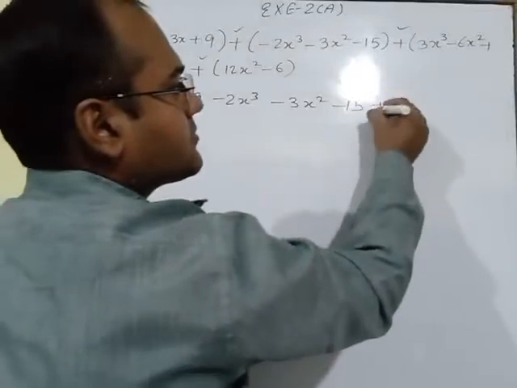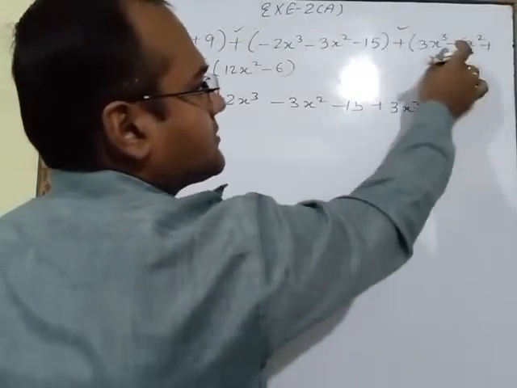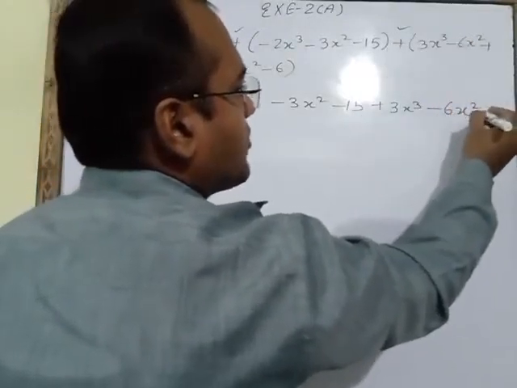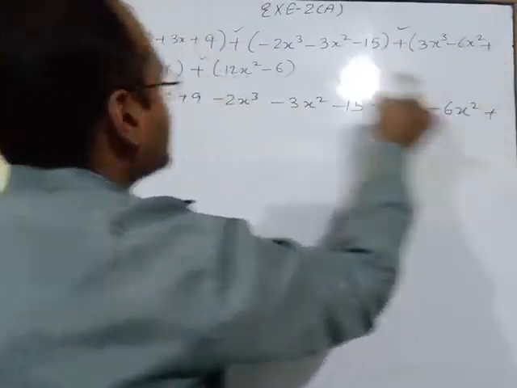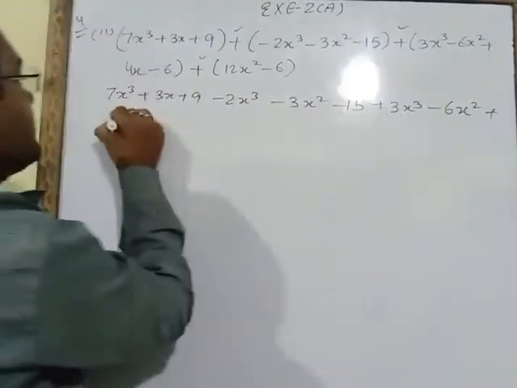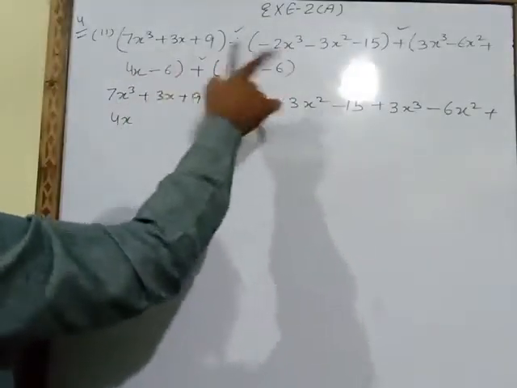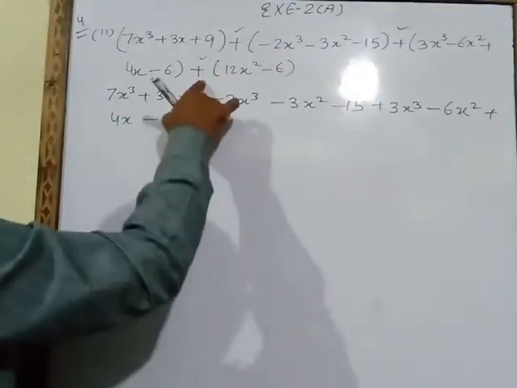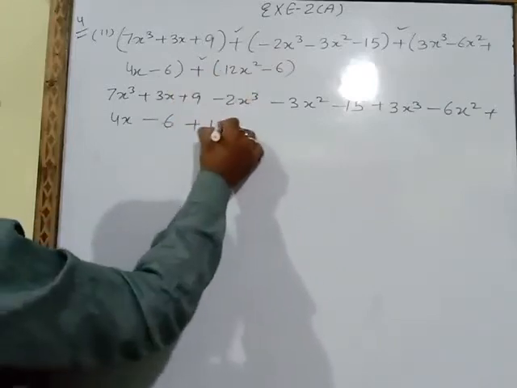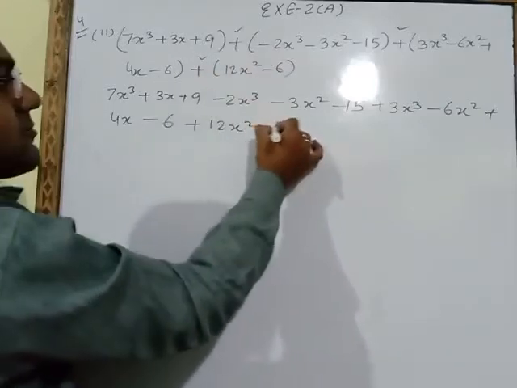Plus 3x cube plus minus minus 6x square plus and plus will be plus 4x, and this plus and inside the bracket minus plus minus minus 6. Here also plus 12x square plus minus minus 6.